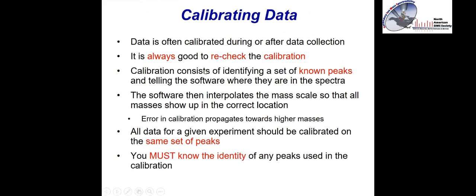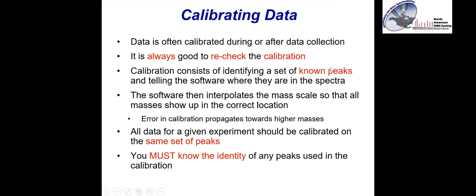So once you have your data, before you start doing any peak analysis, you need to make sure that it's calibrated. In some cases, you can calibrate while you're collecting the data, but you can always calibrate the data after. And it's always good to recheck your calibration, because if you're not calibrating every spectrum while you're collecting it, depending on what system you're operating on, you can have some drifts in the calibration.